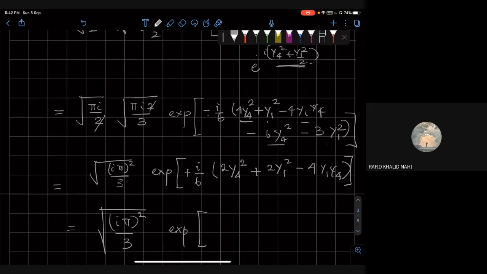Okay, then I probably made a mistake somewhere. So this should be a plus, right? Yes, because we're factoring out the minus 1. Yeah.